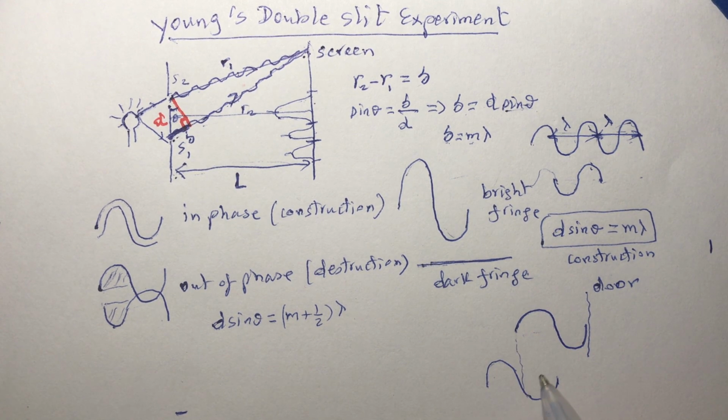You see when I have this bump here, I have a dip here. So now what's going to happen? These waves keep going, and this one also keeps going. But this one is ahead of this one by half wavelength. This is lambda over 2.